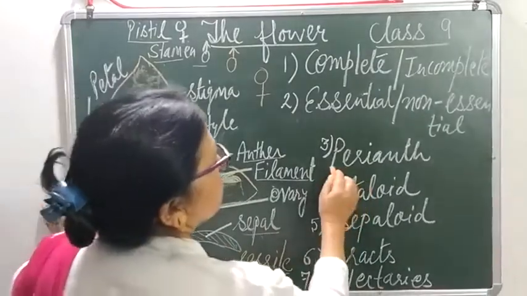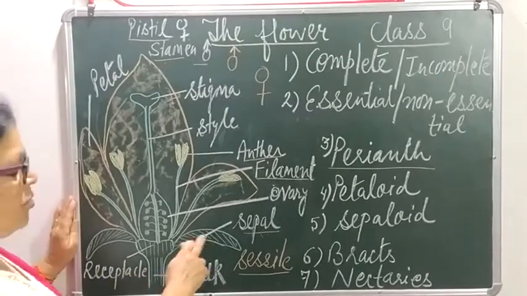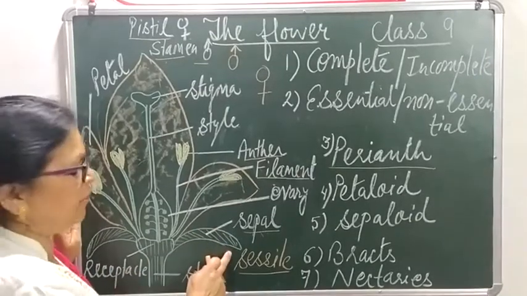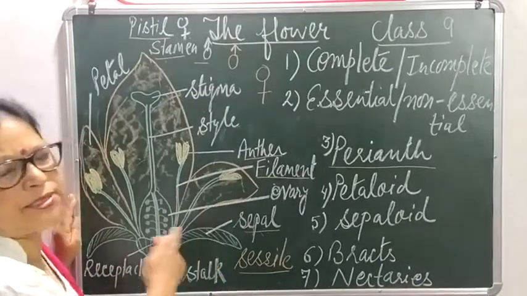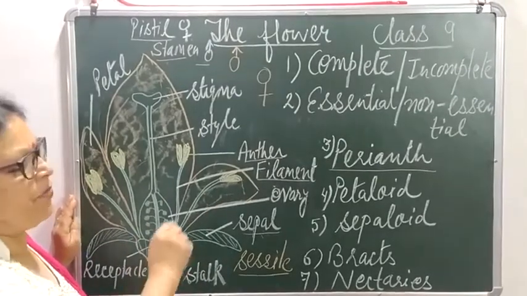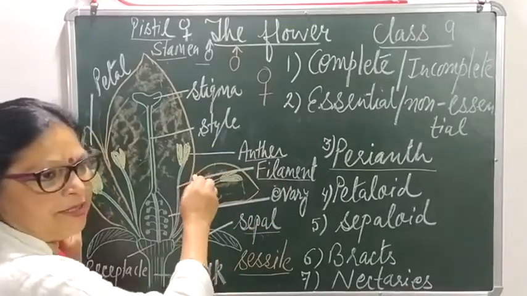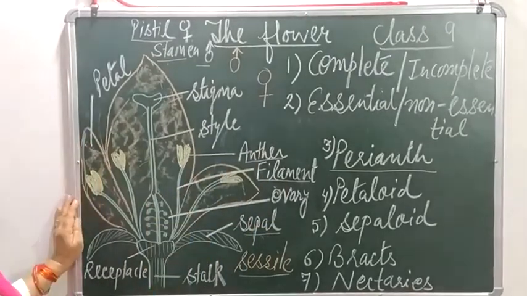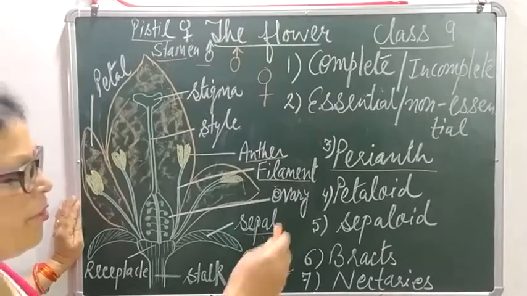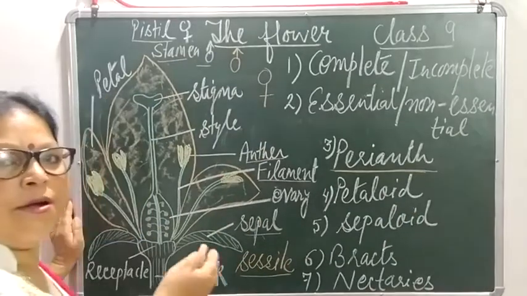The third term is perianth. Now what is this perianth? You know, sepals are green in color as I have told you. Petals have various colors, many different types of colors in a flower. Now if sepals and petals are undifferentiated, they cannot be differentiated, then this is known as perianth. So what is perianth?